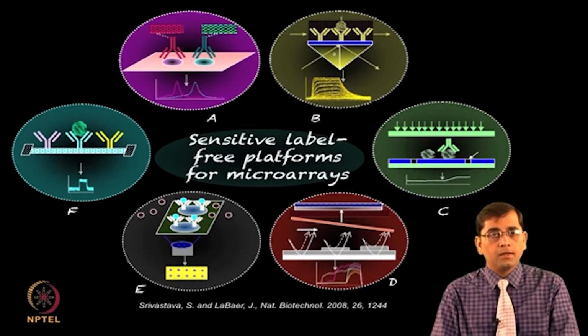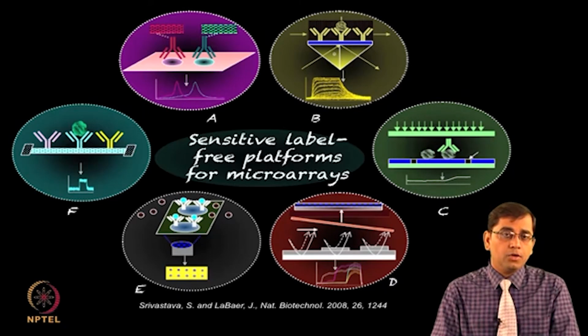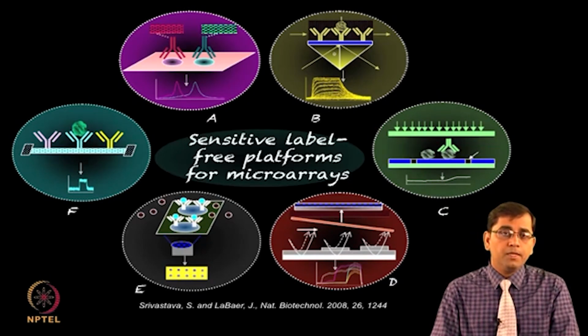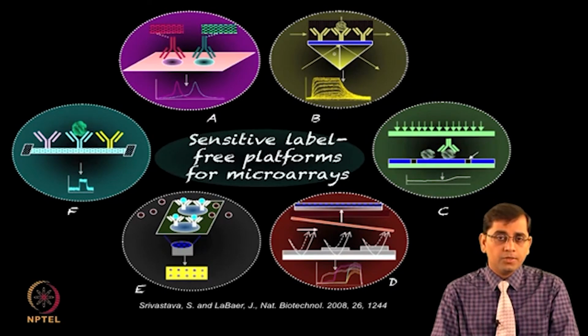As you can see, panel A on top is based on Raman labels, using multicolor single-walled nanotubes tagged for multiplex protein detection. Panel B is surface plasmon resonance, which measures change in the refractive index, along with a sensorgram, which is shown at the bottom of the same image.